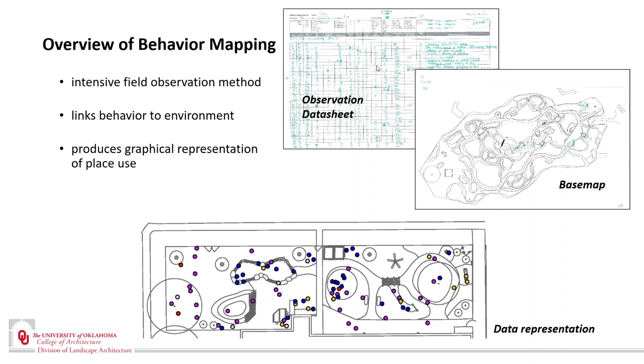Ultimately, this data is either collected directly into an ArcGIS program or is later imported into an ArcGIS program. And within ArcGIS, you can create graphic representations of this relationship between the design of the physical environment and behavior.